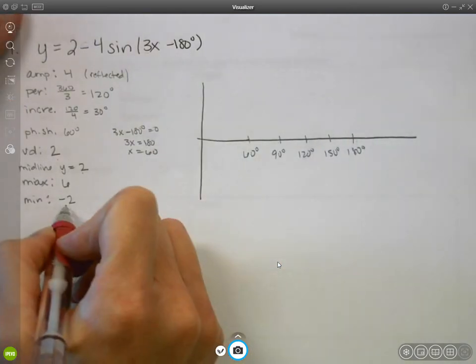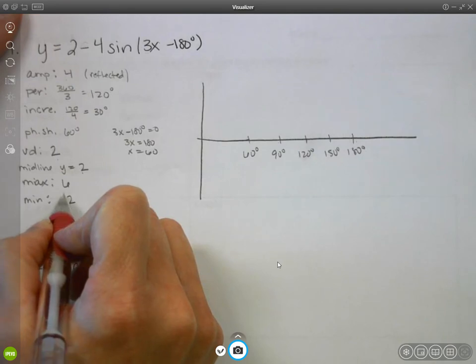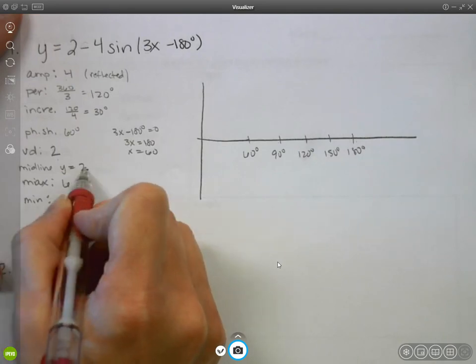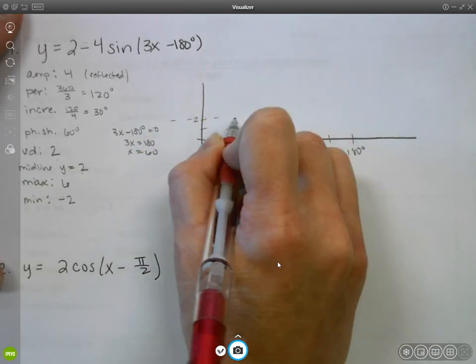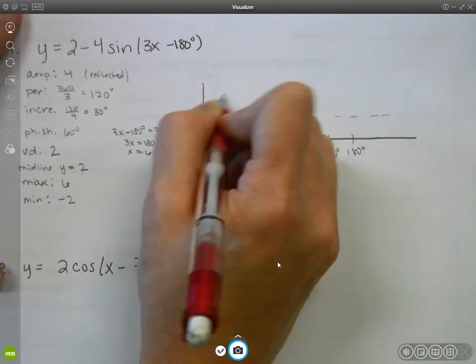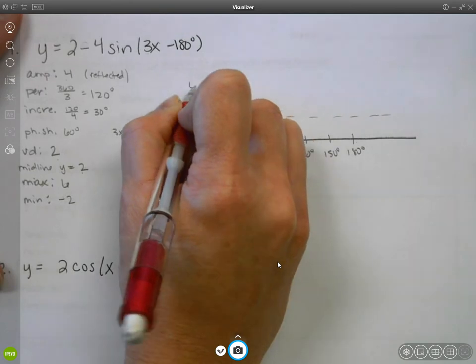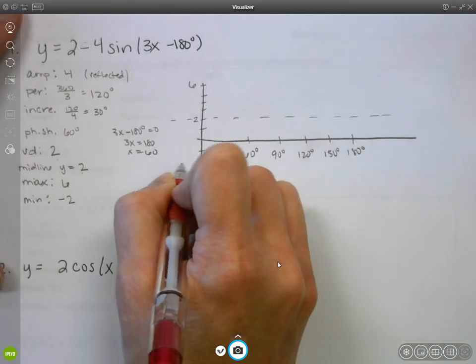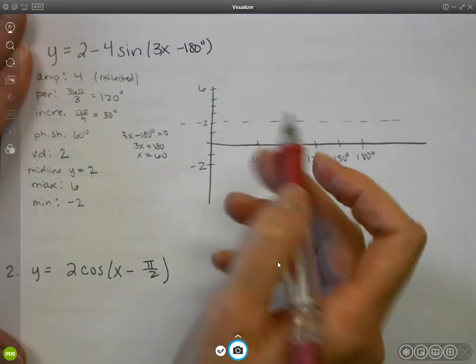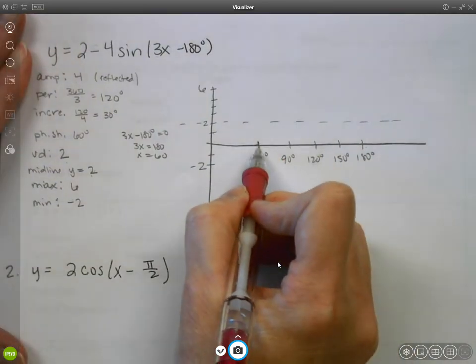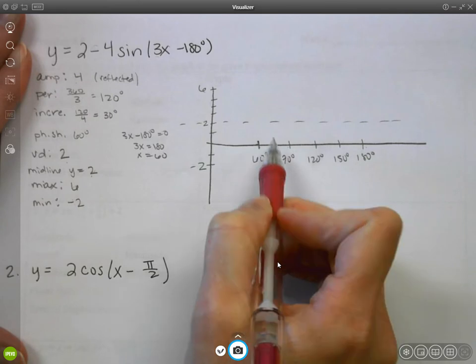Your y-axis is going to get your max, min, and midline. So the middle of our graph is at 2. And we go up 4 to 6, and we go down 4 to negative 2. All right, so when you're graphing a sine function, you normally start your first mark, remember that goes at your phase shift, in the middle.